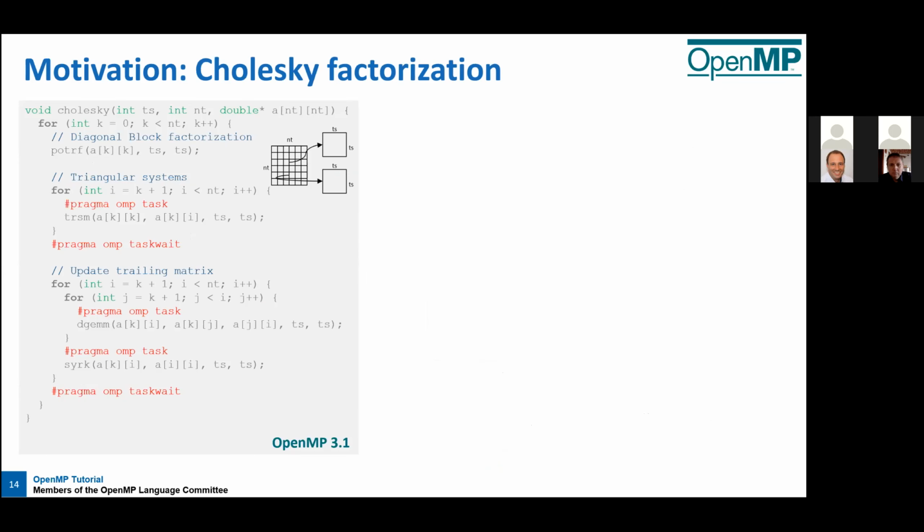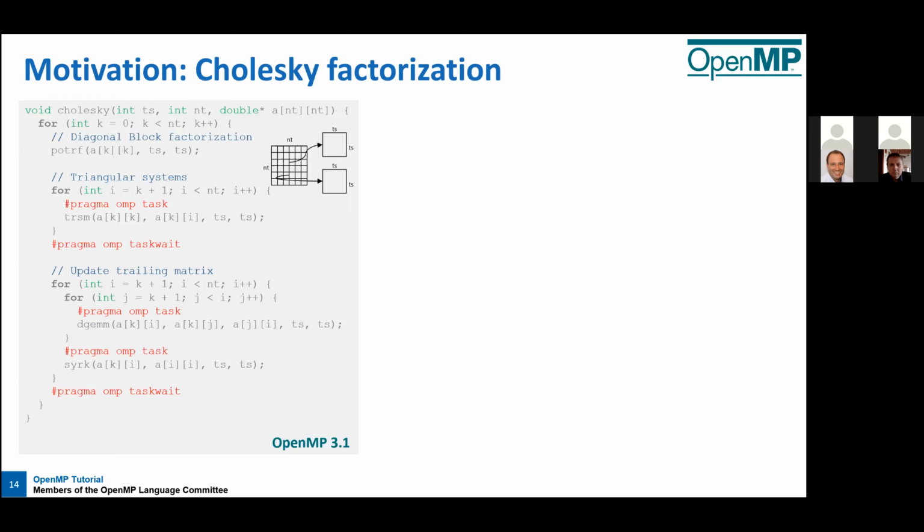All right. Okay, here's the Cholesky factorization that we looked at before, right? If we take the blocked version that we used for the work sharing hands-on sessions and convert them into tasks, you would see that you have a task for this function call, you can have a task for dgemm, and you can have a task for the rank update. So this is pretty much similar to what we were showing with the work sharing constructs just now with OpenMP tasks.